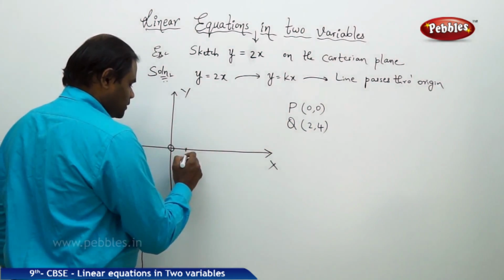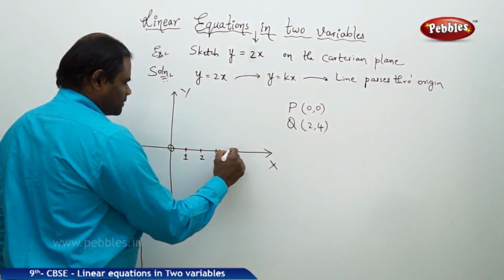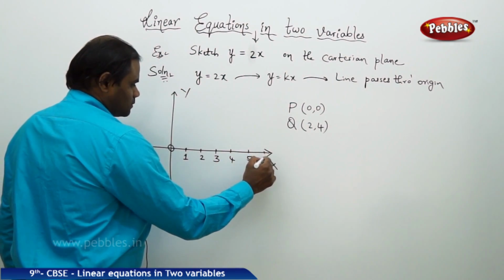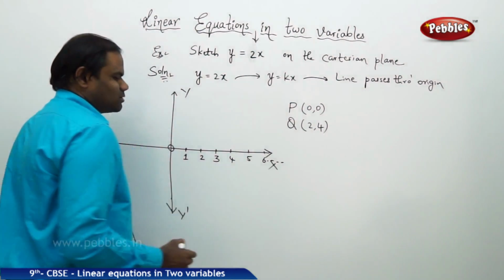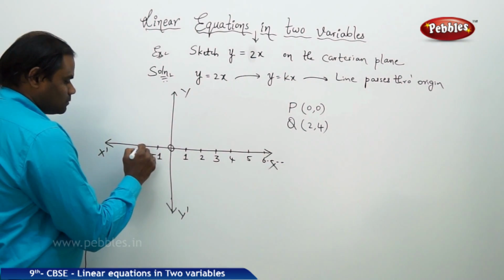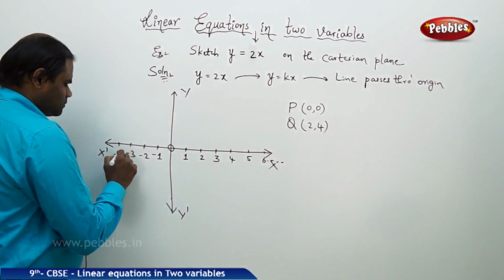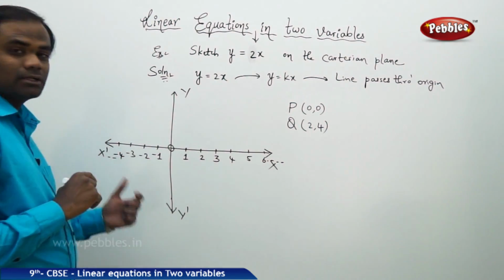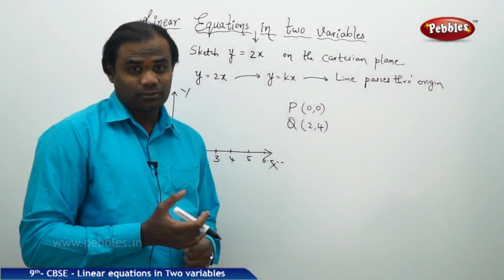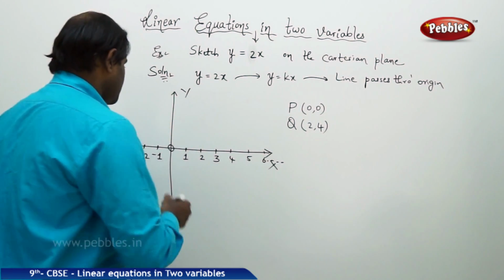So here is 1, here is 2, here's 3, 4, 5, 6, and so on. And on the left I have -1, -2, -3, and -4. Similarly, I take a scale of 1 centimeter equal to 1 unit even on the vertical axis, that is the y-axis.